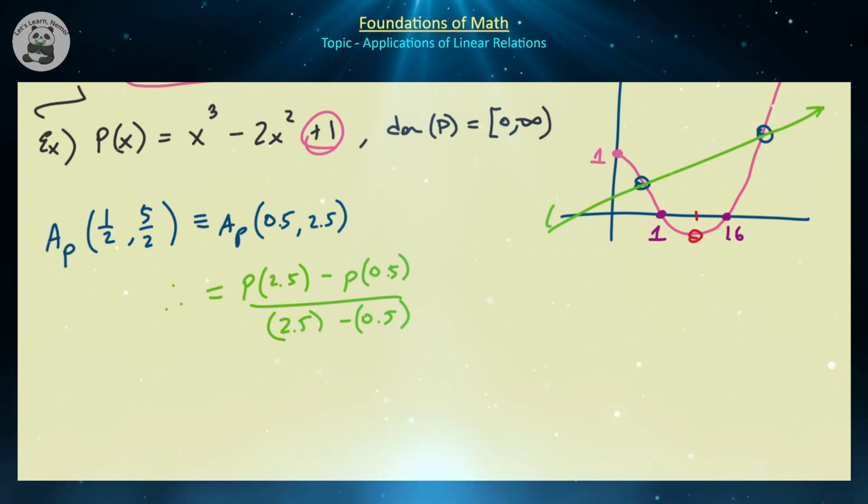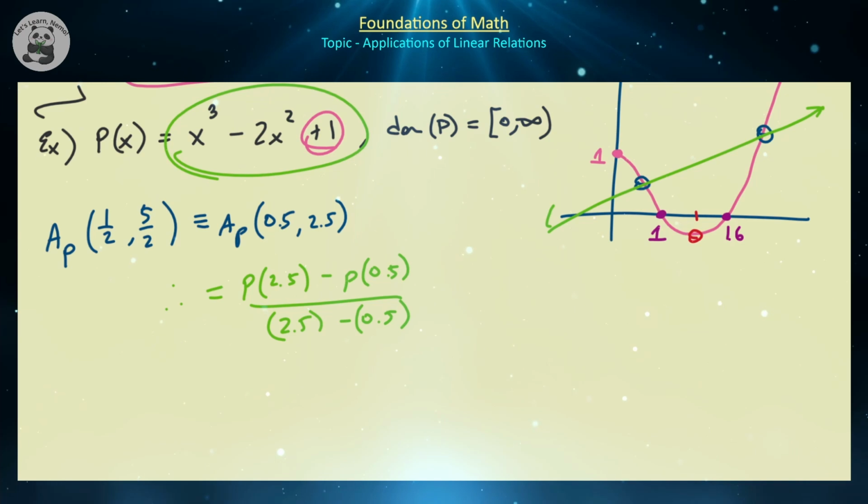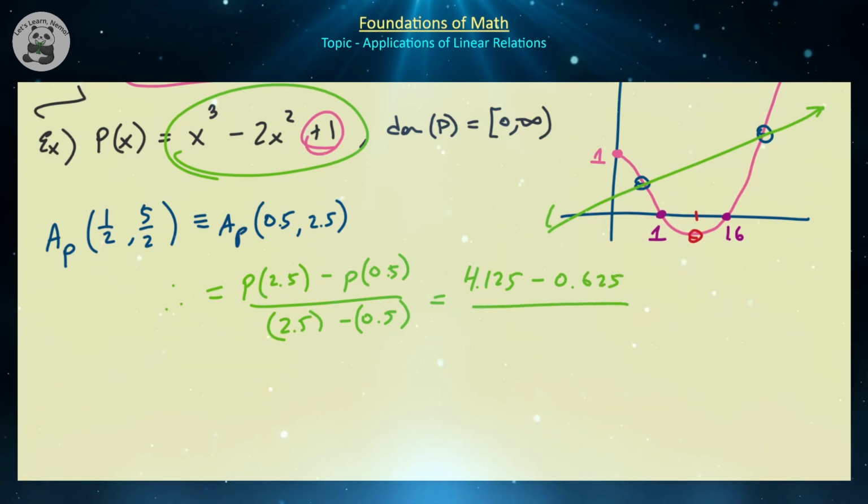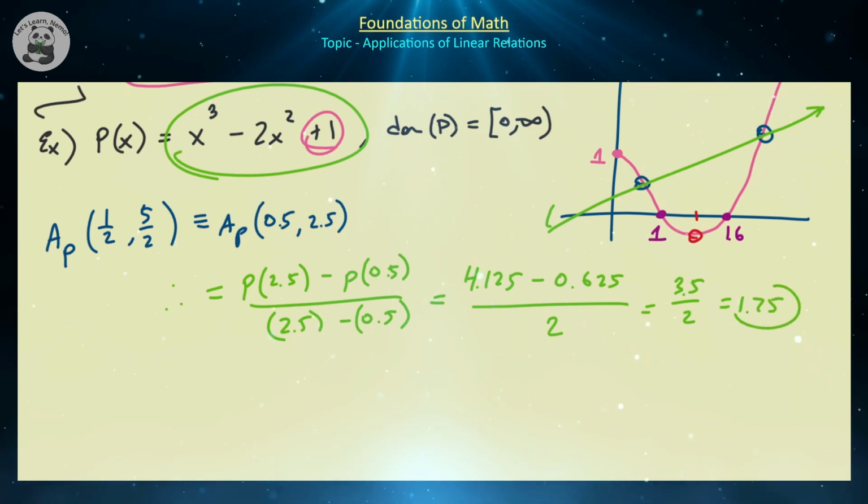So once you plug in 2.5 into this function and do all that fun little decimal math, or fraction math if you prefer, that's going to come out to 4.125 minus, and then when you plug in 0.5, that's going to come out to 0.625, all over 2.5 minus 0.5, that's obviously going to be equal to 2, and that's going to come out to 3.5 divided by 2, which is equal to 1.75, which is obviously greater than 0.